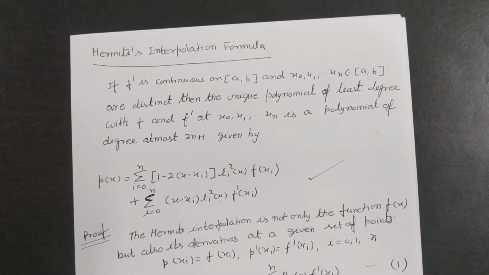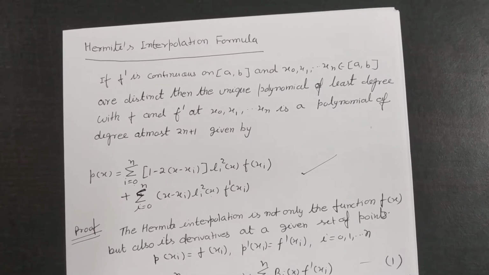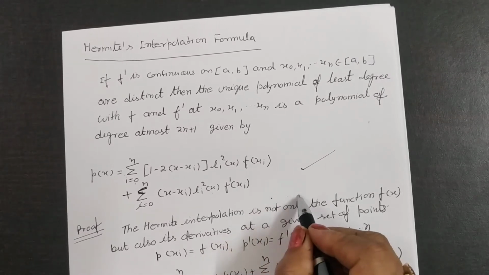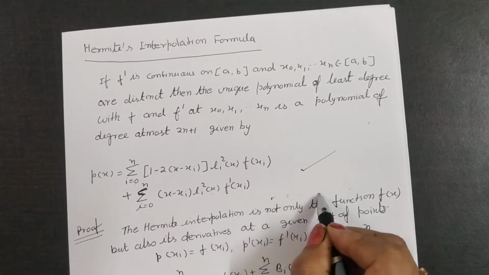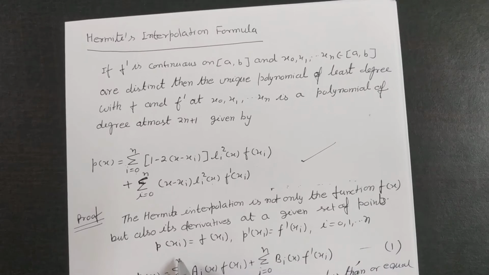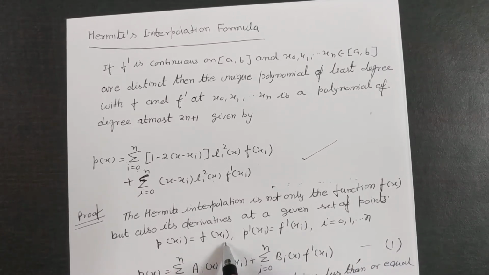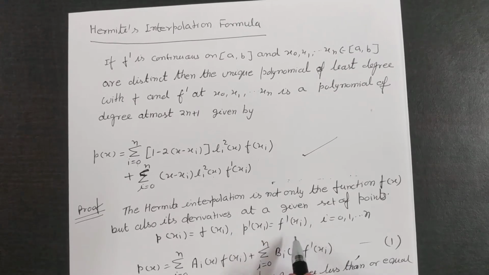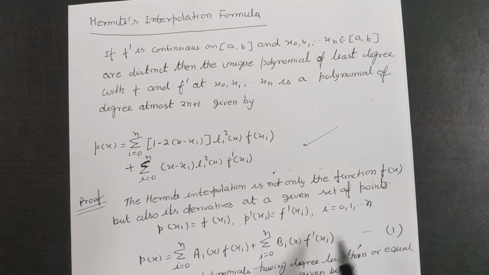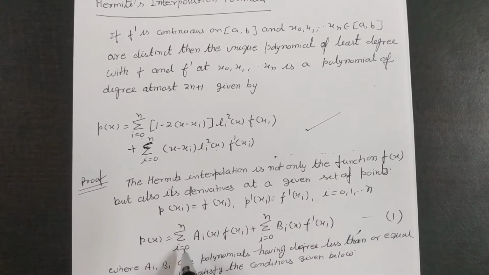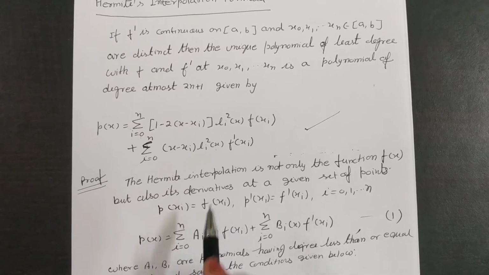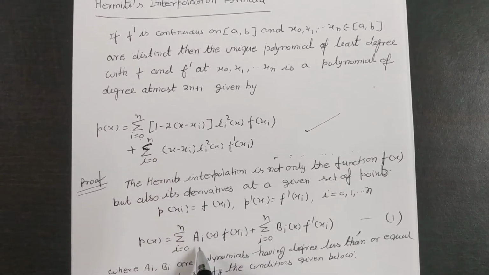Suppose we have a set of points in the interval [a, b]. Then p(xi) is equal to f(xi) and p dash(xi) is equal to f dash(xi), i varying from 0, 1, 2 up to n, and p(x) becomes the sum, i varying from 0 to n, of Ai(x) f(xi). We have to prove this formula.